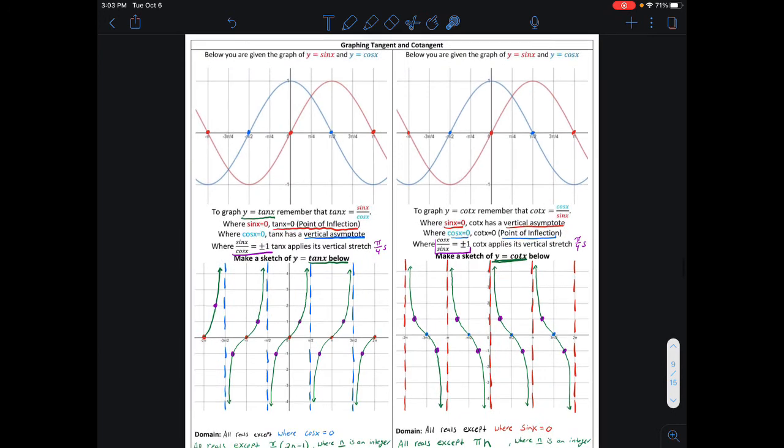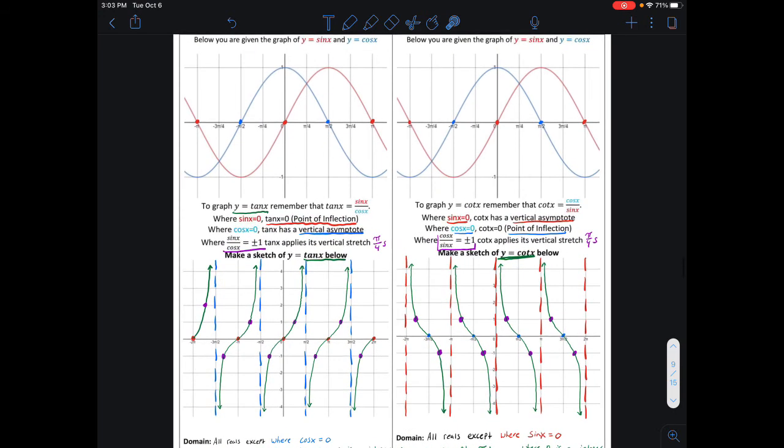Now let's go look at a graph of cotangent. Looking at the graph here of sine and cosine, also color coordinated, sine is still red, cosine here is in blue. Cotangent is the quotient function of cosine divided by sine. So the first thing you do when graphing cotangent is figure out what makes it undefined.